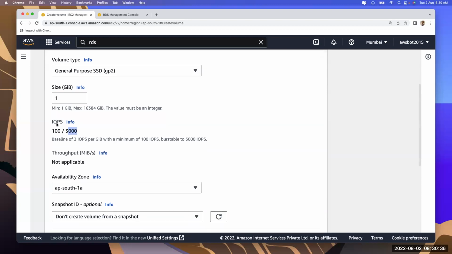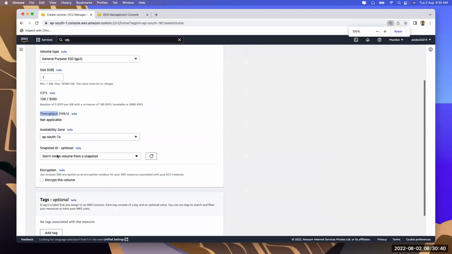But remember, GP2 can only give you IOPS. It cannot give you throughput. Throughput basically means that instead of saying I will give you 100 transactions, 200 transactions, 1000 transactions, I will give you data at a bandwidth, let's say 10 Mbps, 20 Mbps, 100 Mbps.